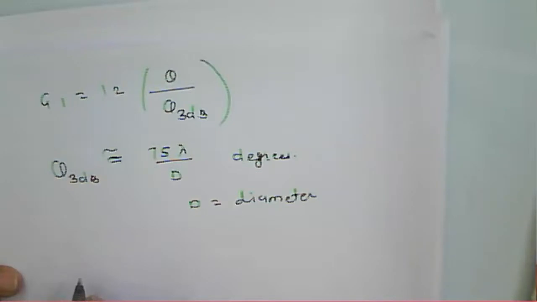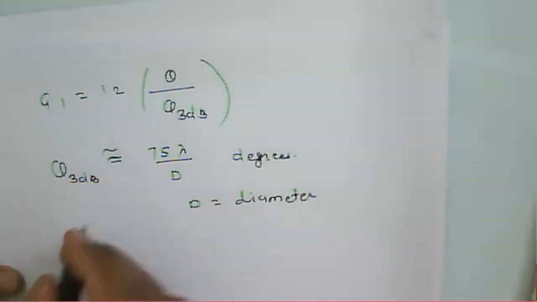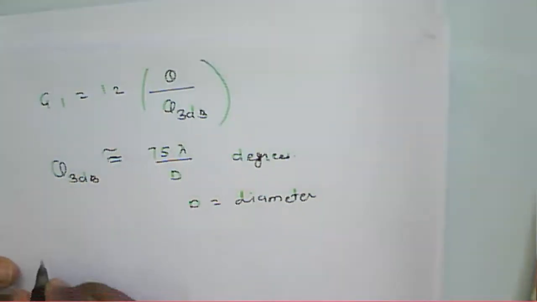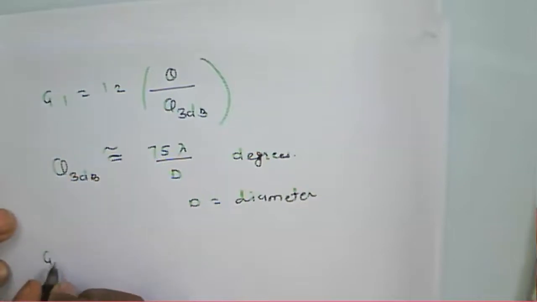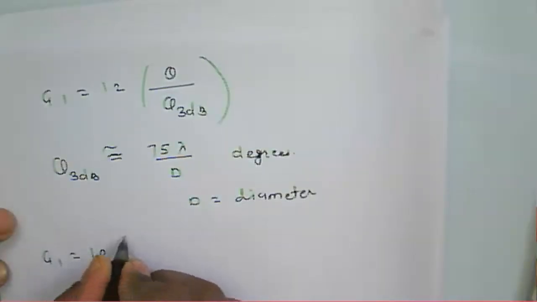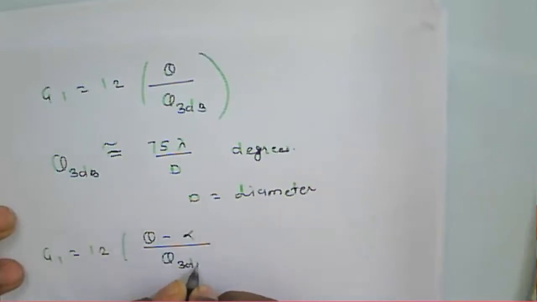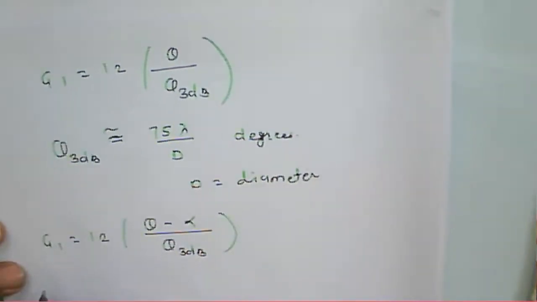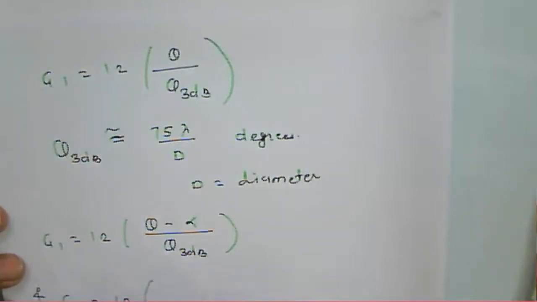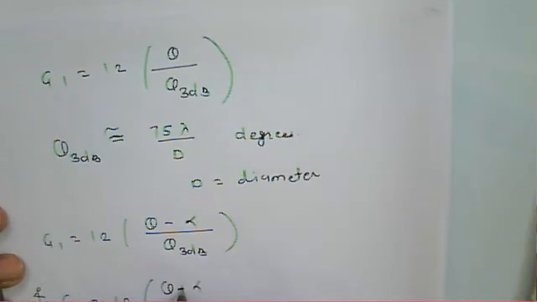And then the gain loss at an angle, that is the squint angle alpha, from this boresight, will be G1 equal to 12 of theta minus alpha divided by theta 3 dB, and G2 is equal to 12 of theta plus alpha by theta 3 dB.